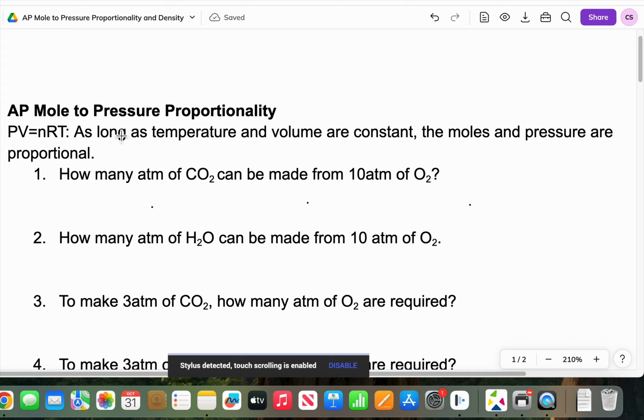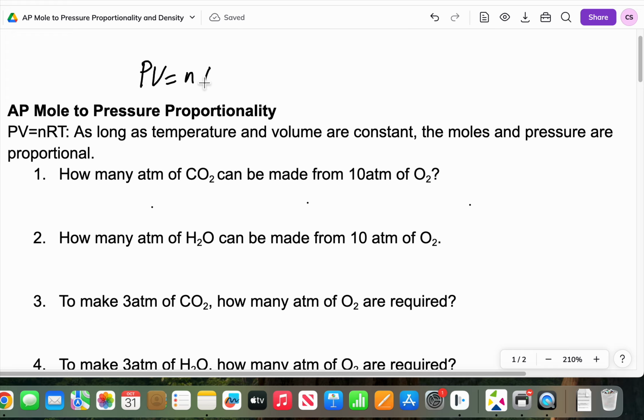If you look at the PV = nRT formula, and keep the temperature and volume constant, the moles and pressure are proportional, because you can rearrange this equation to get that n is equal to PV over RT.